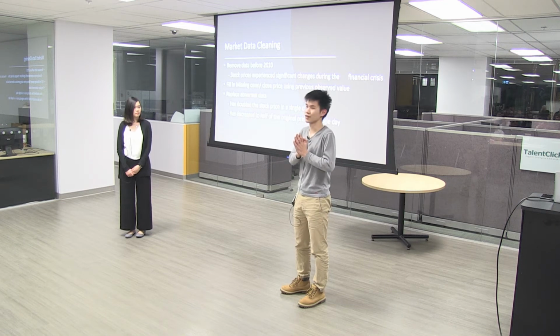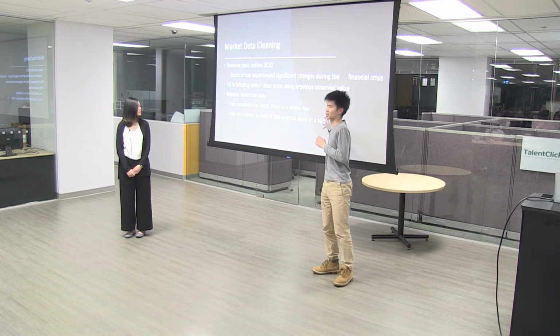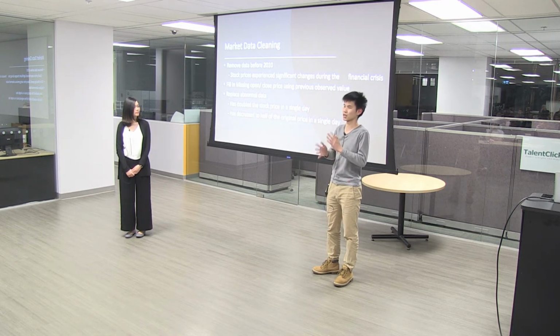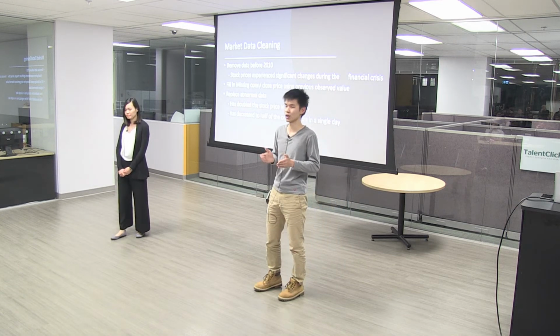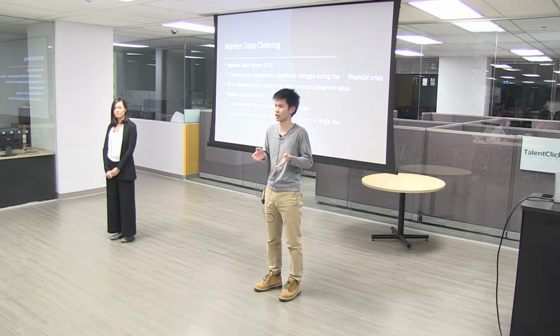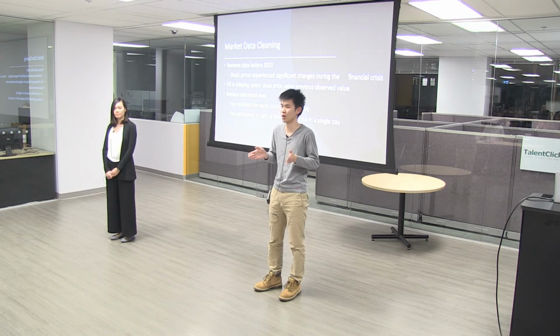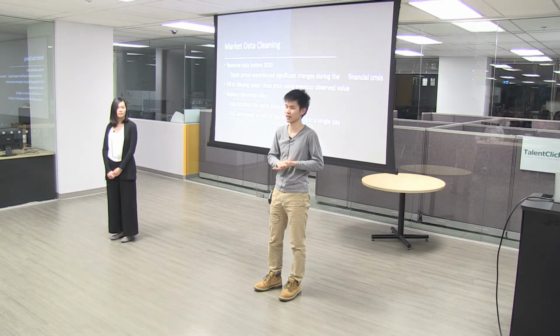But I have to confess that replacing abnormal data by this criteria is unfair for certain stocks, especially penny stocks, because we know that for a penny stock the value is around $1 or maybe more, maybe less. Their value can go up a lot in a single day, and it can shrink to nothing in a single day.